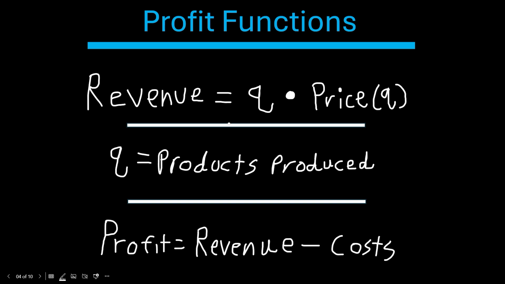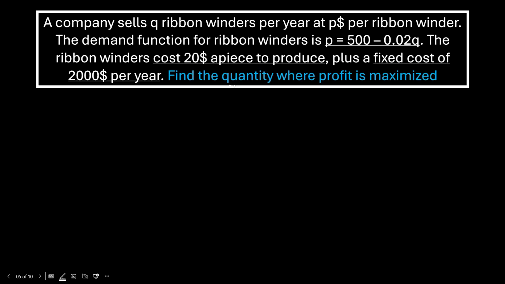Now here are our profit functions for our next upcoming problem. So revenue equals quantity of products sold multiplied by the price of the product. Q equals products produced, and profit equals revenue minus costs. So here is our problem.